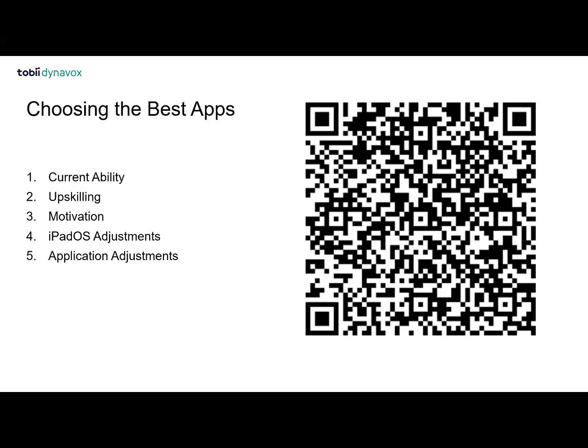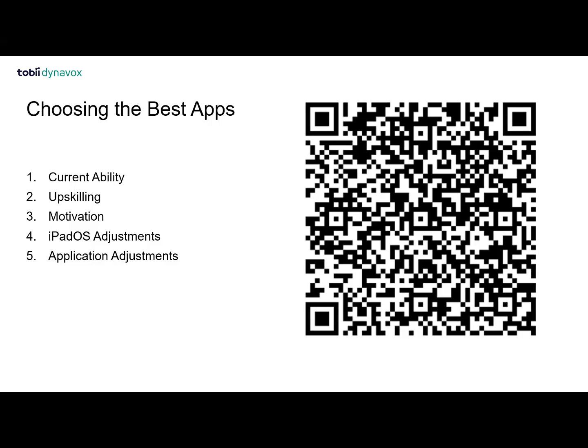It specifically focuses on eye gaze, but the principles can apply to all access methods. So we're going to talk about these 5 principles or steps in relation to different access methods. I just want to introduce each of these, and we'll be touching on them throughout the session.